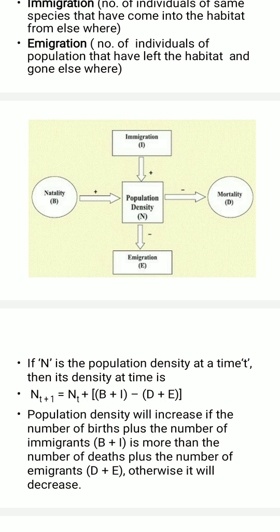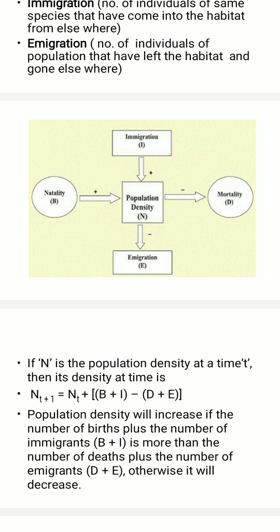Population density will increase if the number of births plus the number of immigrants, that is B plus I, is more than the number of deaths plus number of emigrants, that is D plus E, or else it will definitely decrease. That means N t refers to the population density at a given time.